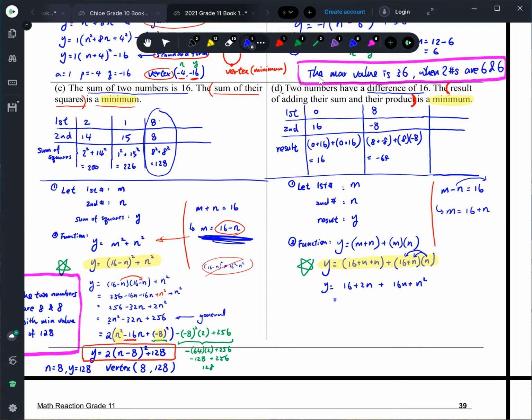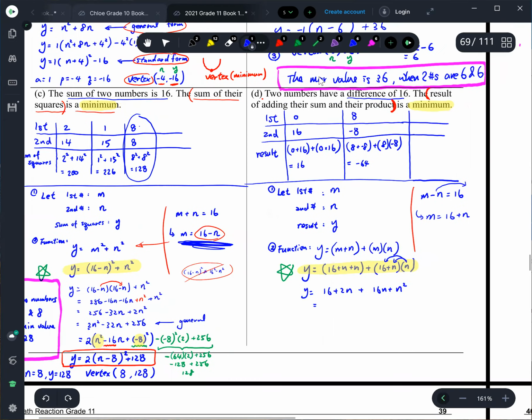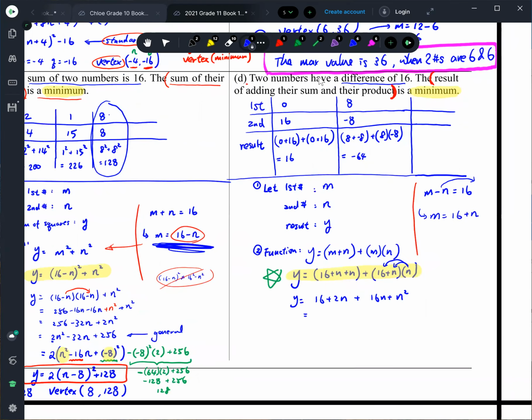How about you, Wilson? Do you have the general form? No, I'm a bit confused. I don't really know how to turn it into general because it's different from the other ones. Where are you lost? This part? Like, what am I supposed to take out of the function?